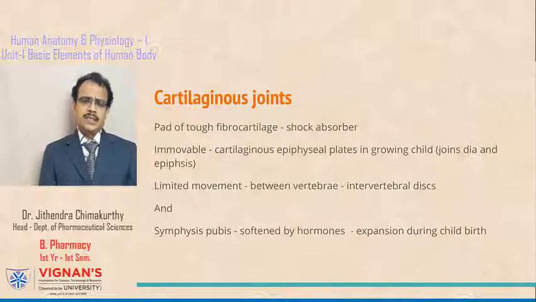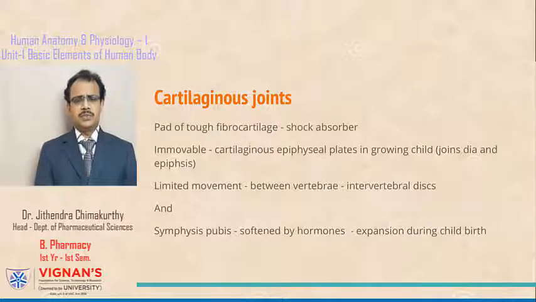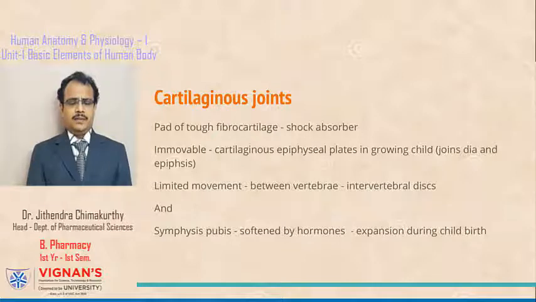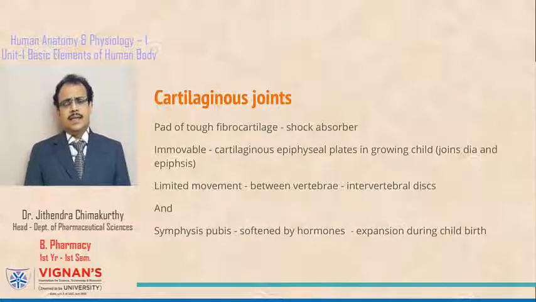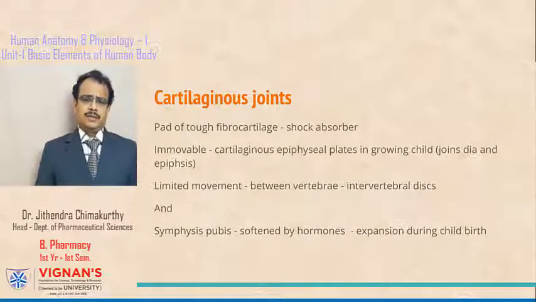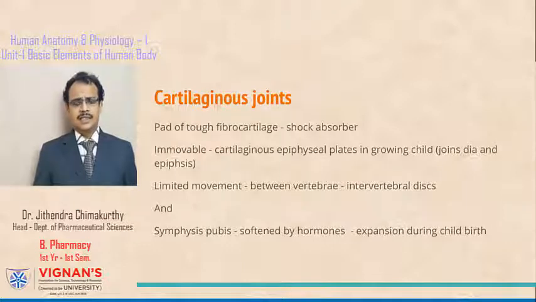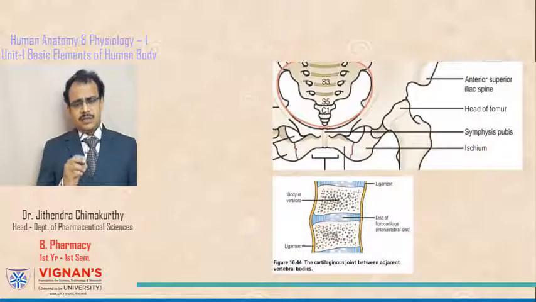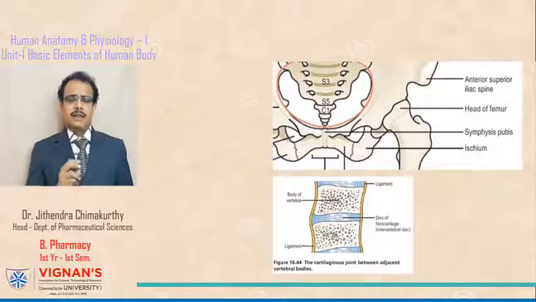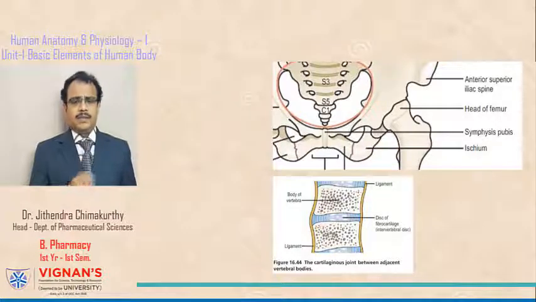Here we can see a tough fibrous pad of cartilage between these two vertebrae, called the intervertebral disc, and this is necessary for absorbing the shock between the vertebrae, and this also will prevent the damage to the brain.